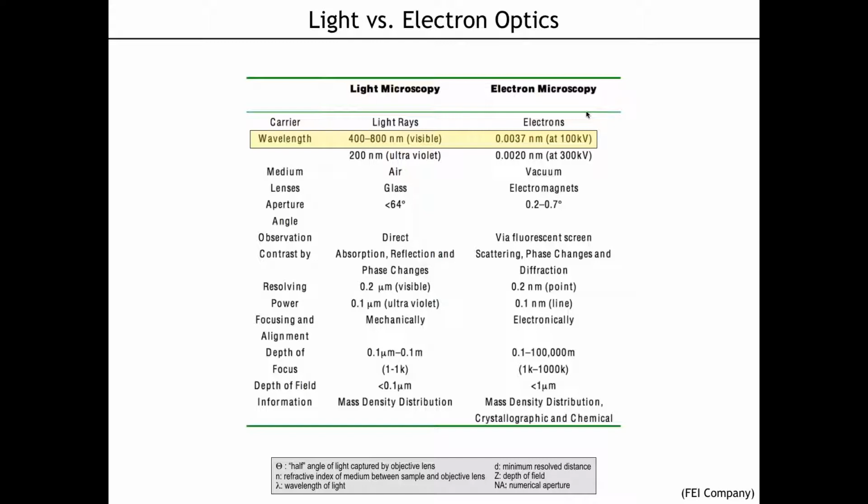So in principle, electrons are capable of much higher resolution, sub-angstrom resolution. But in reality, the EM is limited, for reasons that I don't have time to get into, to approximately 1 angstrom resolution.